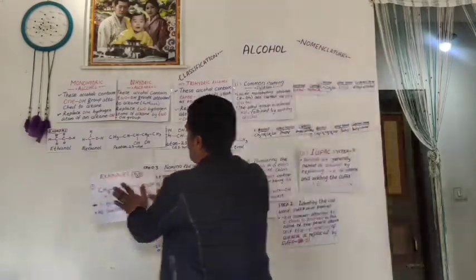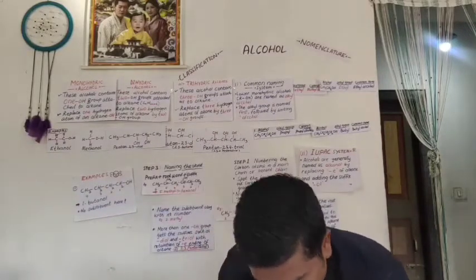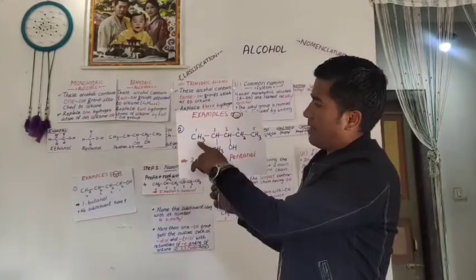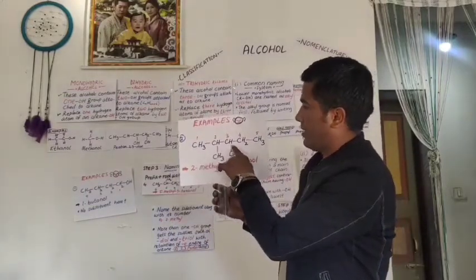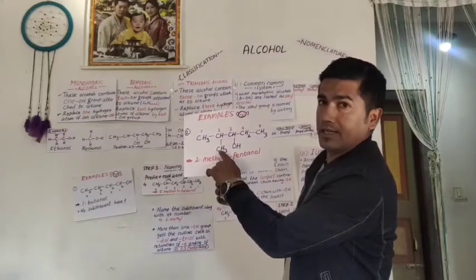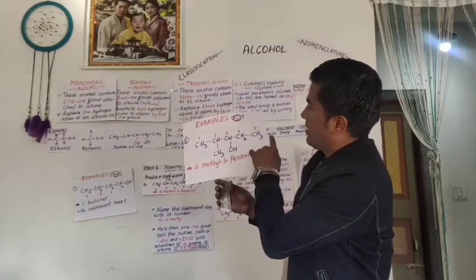Now let's see another example with a substituent. The second example: CH3, CH, CH, CH2, CH3. You can see the substituent CH3 is on number 2, then OH is on number 3.